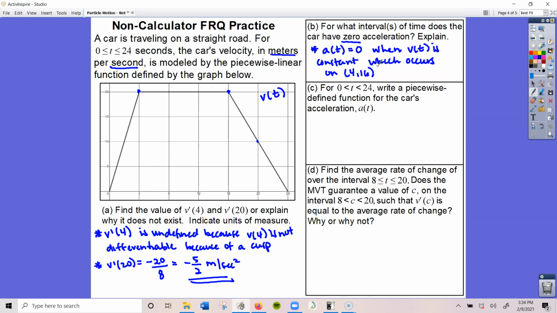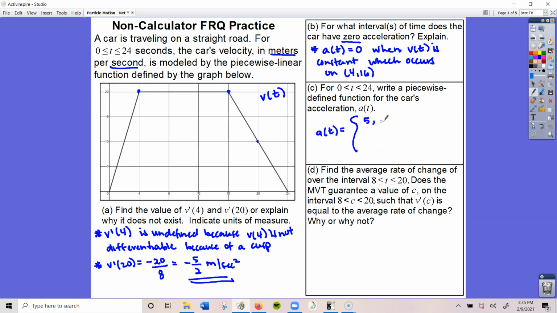For the interval of 0 to 24, write a piecewise defined function for the car's acceleration a of t. So remember, this is what we did in the previous lesson. To find a piecewise function for a of t, we need the slope of all of these different parts. So in this first part, the slope of this line is 20 over 4, so 5.